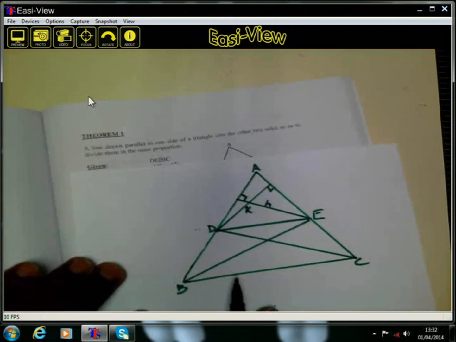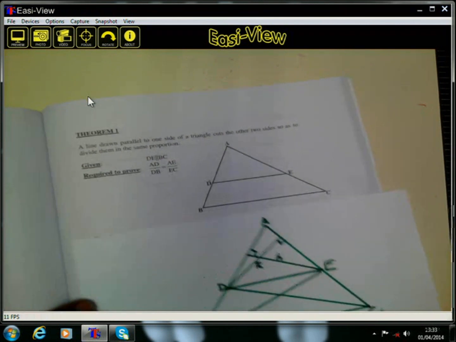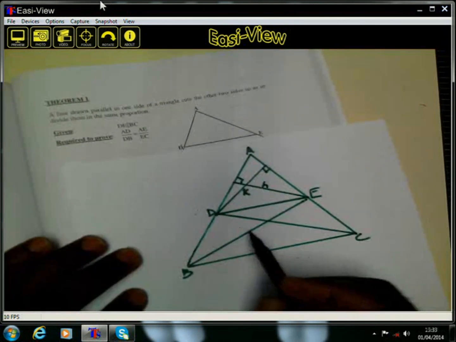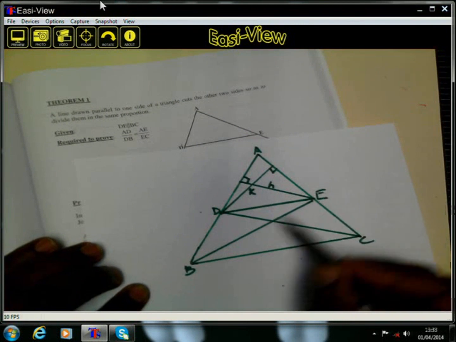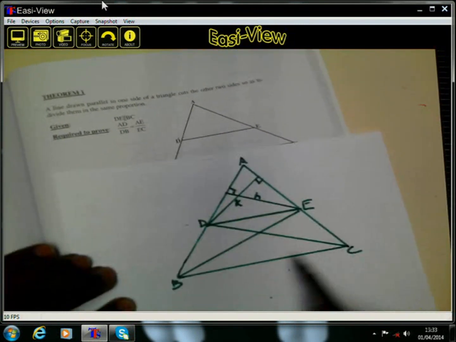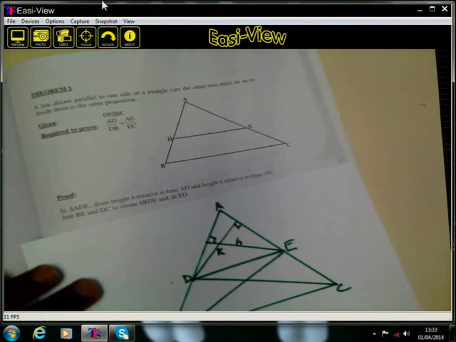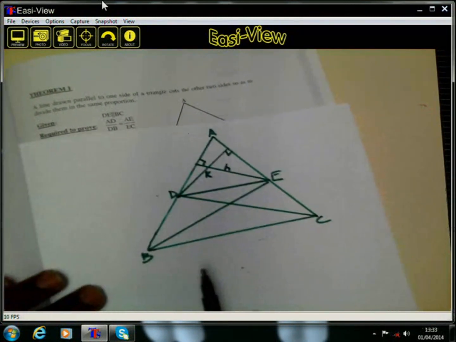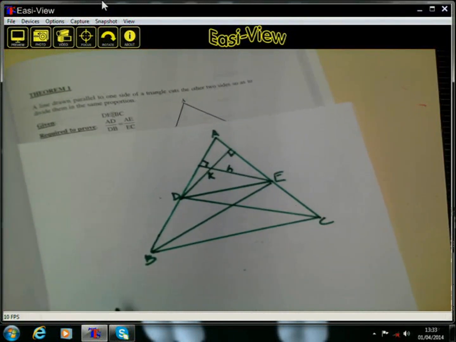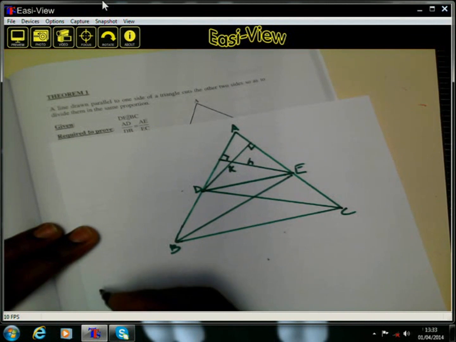The triangle that I've now constructed as part of my proof is triangle BDE, and triangle CED.